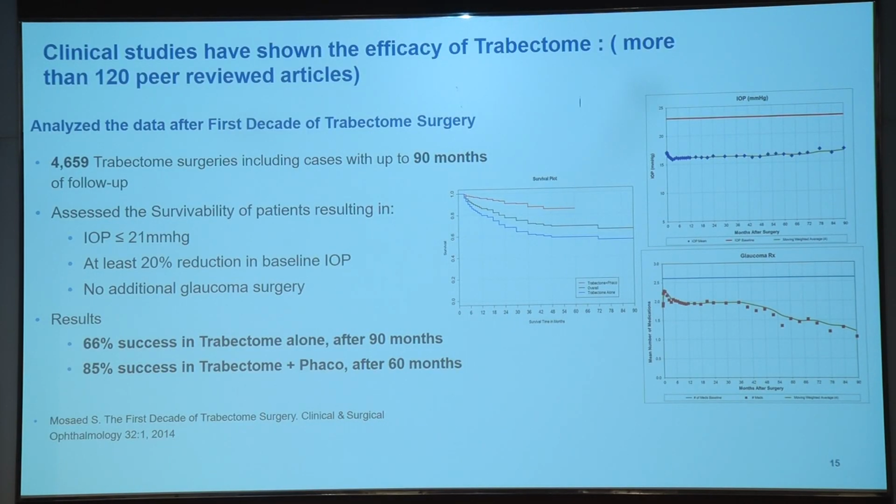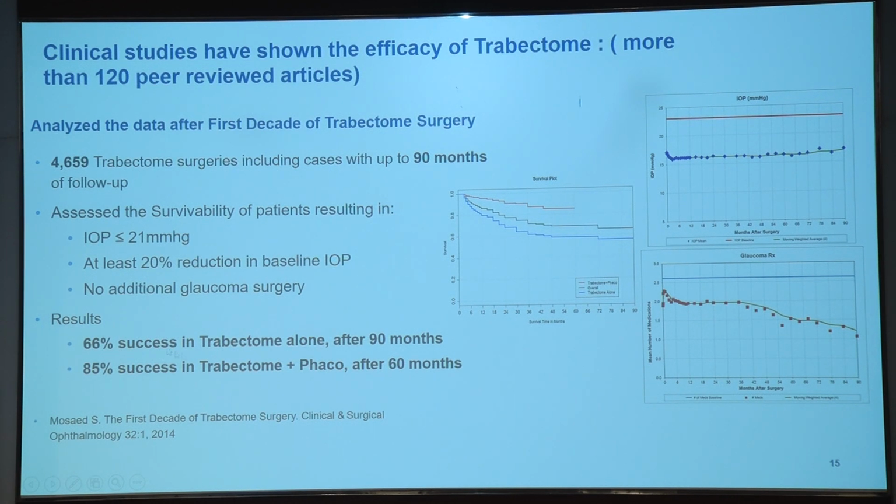So there are various studies which have shown the efficacy of trabectome, and this was the first analysis wherein almost 5,000 trabectome surgeries were analyzed for a period of 90 months, and they assessed the survivability of patients resulting in IOP less than 21 millimeter mercury, and at least 20% reduction in the baseline IOP and no additional glaucoma surgeries.